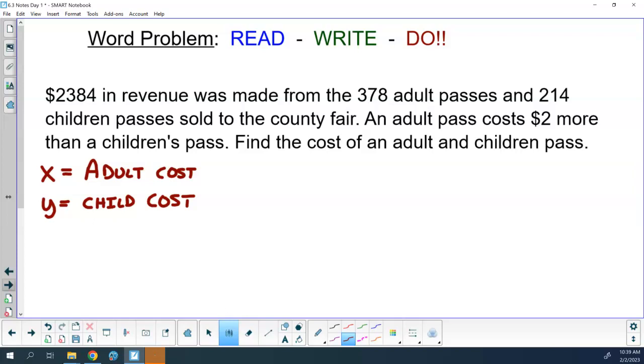Now we need to come up with an equation. We need to come up with 2 equations. For every variable that we define, we have to come up with an equation. Come up with 1 equation.